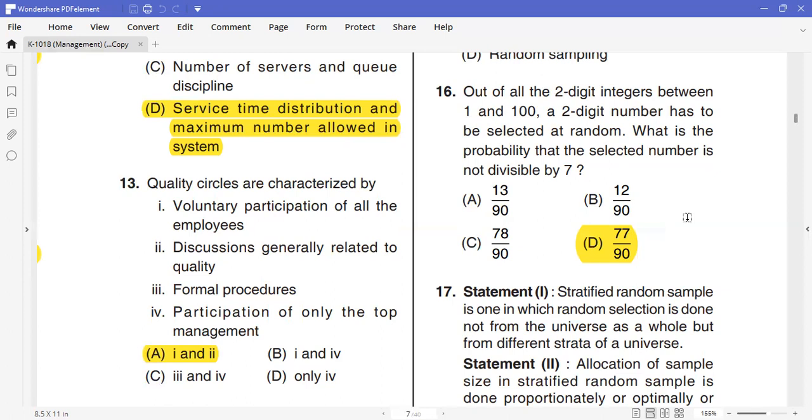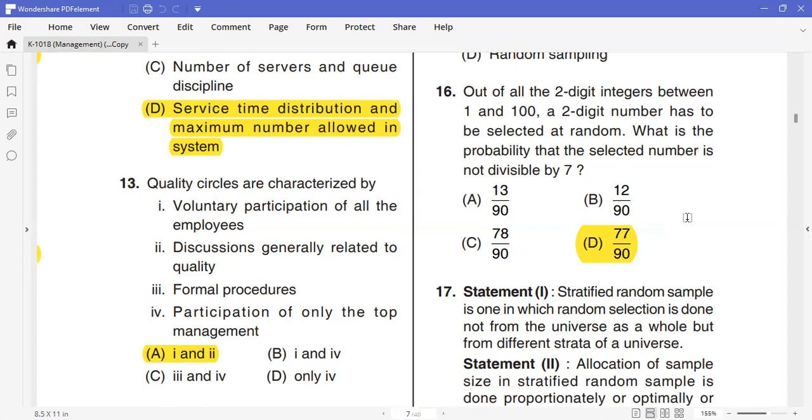So in that, you will be getting the numbers which are divisible by 7. Now here we have to get numbers not divisible by 7. So numbers not divisible by 7, that probability is equal to 1 minus those numbers which are actually divisible by 7. So when you do this particular workout, you will be getting an answer 77 by 90.